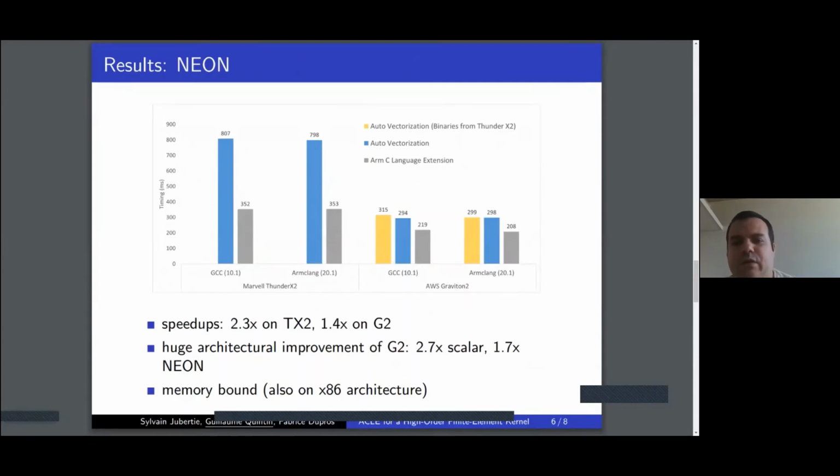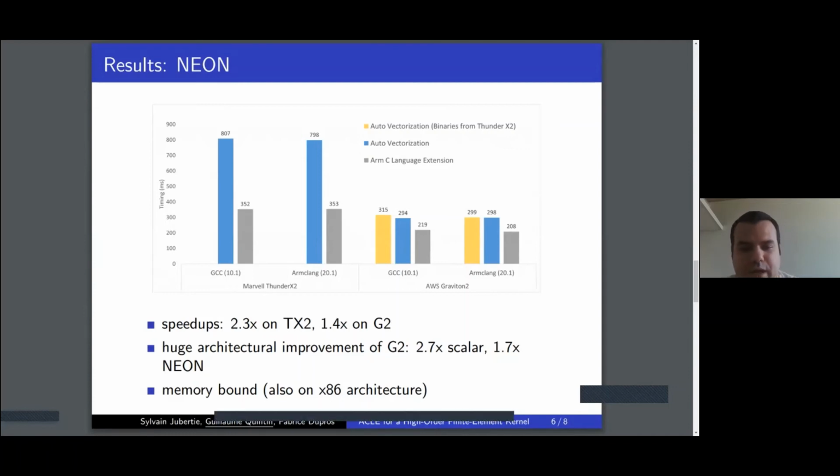When we took the binary from the ThunderX2 and executed it on the Graviton, we got the yellow bars, which indicates that the Graviton microarchitecture seems to be better than the ThunderX2. This is under investigation, so we do not have all the answers, and we are still investigating this phenomenon.